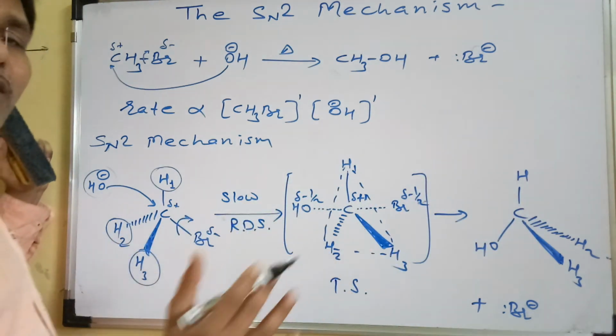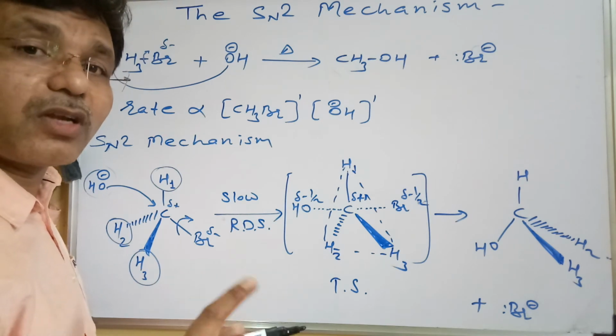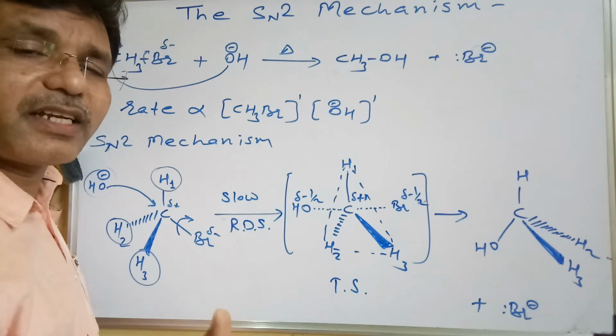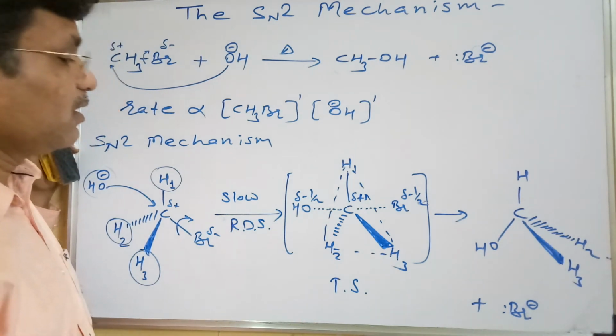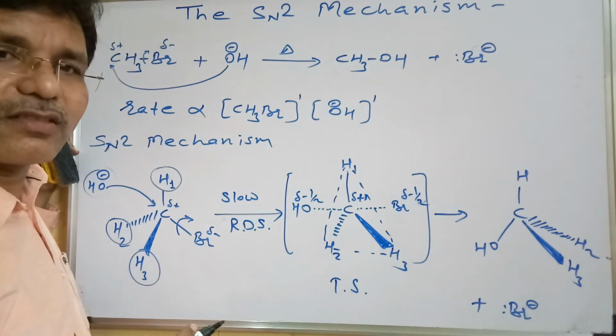This type of configuration change was first discovered by the scientist Paul Walden, and later theoretically proved by the scientists Hughes and Ingold. So this is also called Walden inversion.